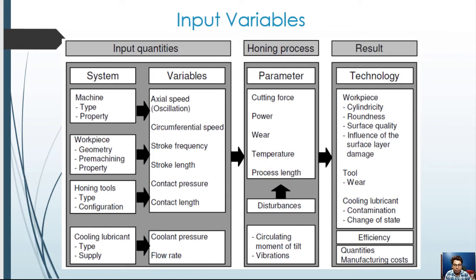The honing tool with its geometry, precision and honing stone design, the lubrication system with its type, viscosities and concentration of the cooling lubricant and arrangement of the supply nozzles.